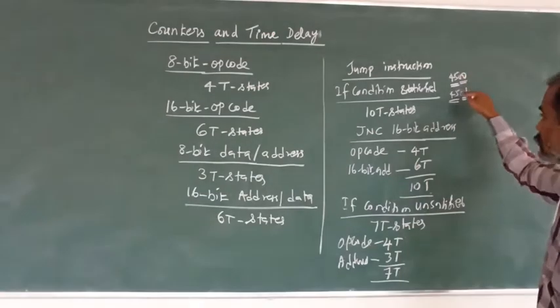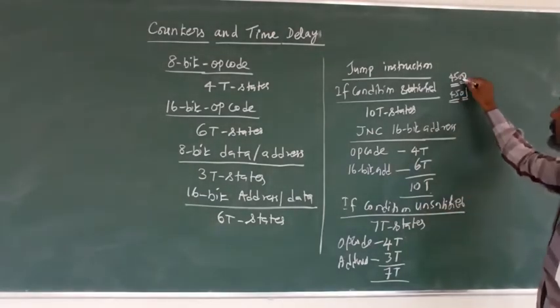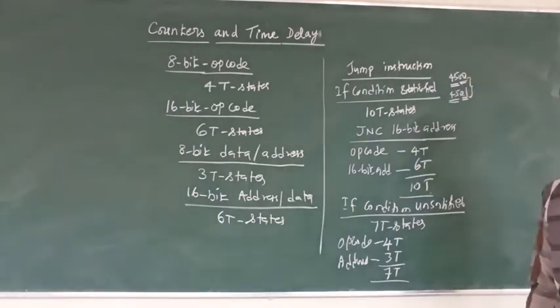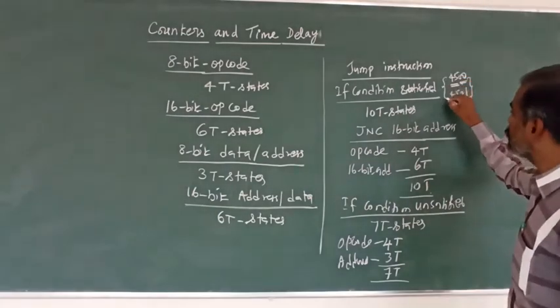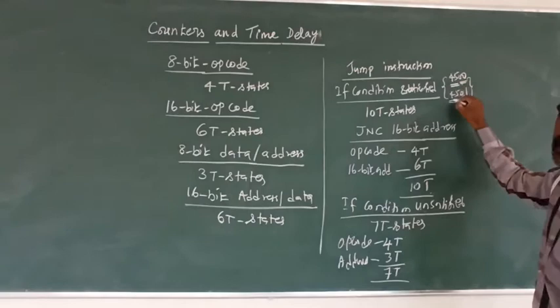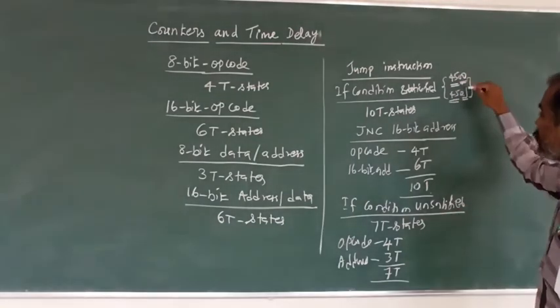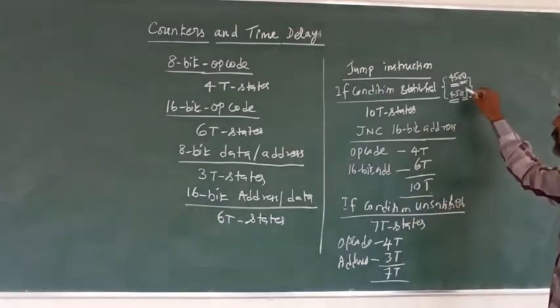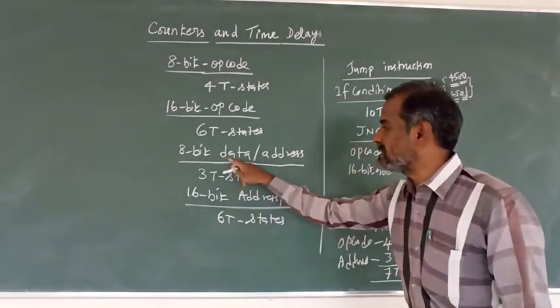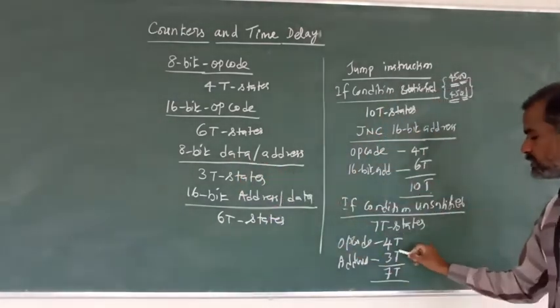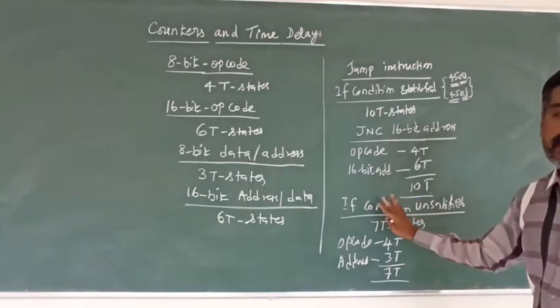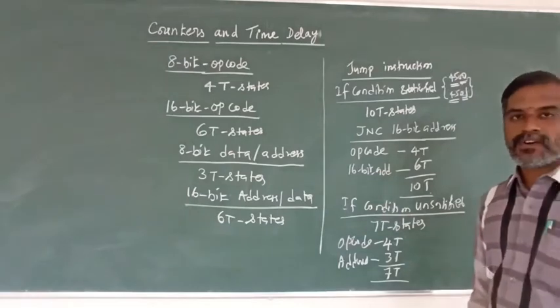Only the LSB address changes, not the MSB address, so the changed 8-bit address requires 3 T states. Total 7 T states required when the condition is unsatisfied.